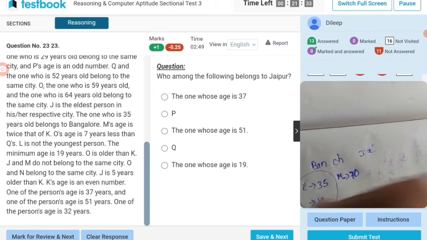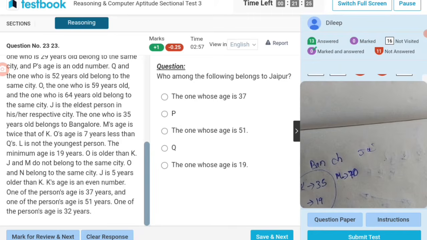So L is not youngest. O is older than K. J and M do not belong to the same city. O and N belong to the same city.